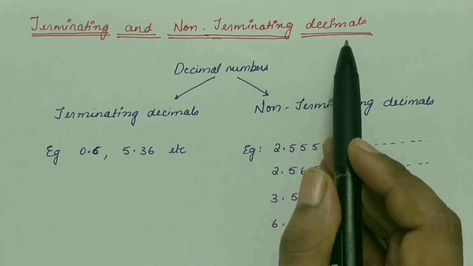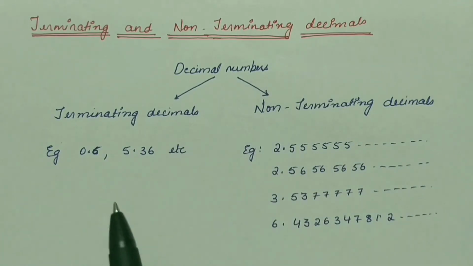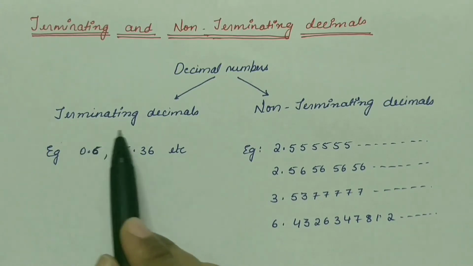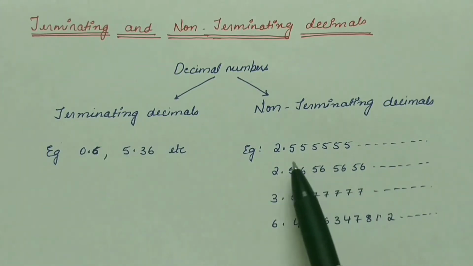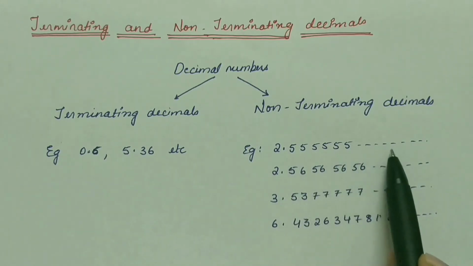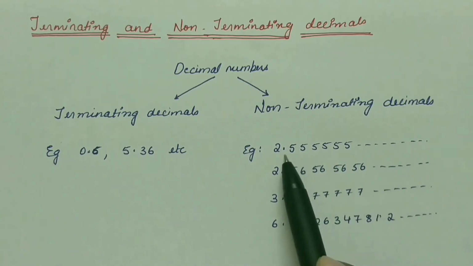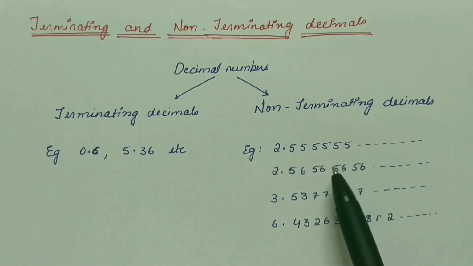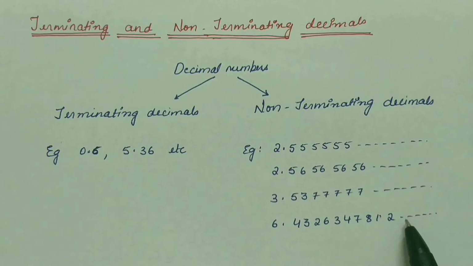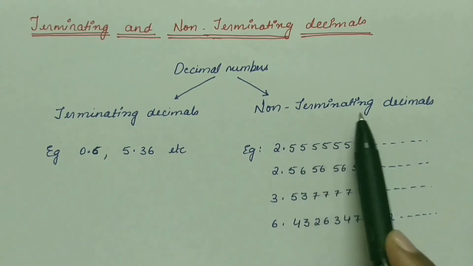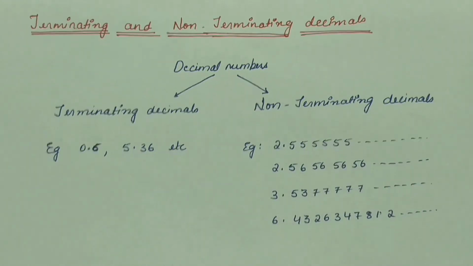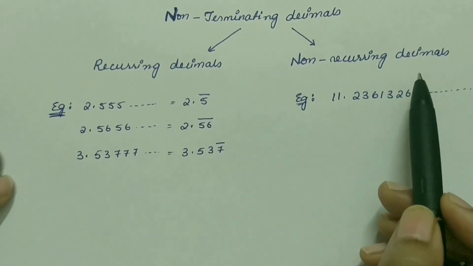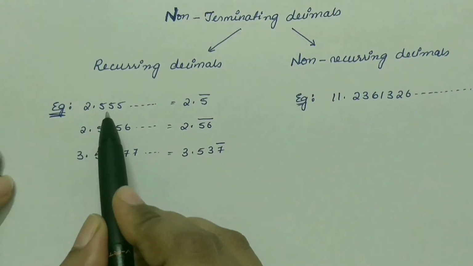Terminating and non-terminating decimals. Decimals with finite number of digits after decimal point are called terminating decimals. Decimals with infinite number of digits after decimal point are called non-terminating decimals. Based on repeating and non-repeating decimals, non-terminating decimal is again divided into recurring and non-recurring decimals. 2.555.